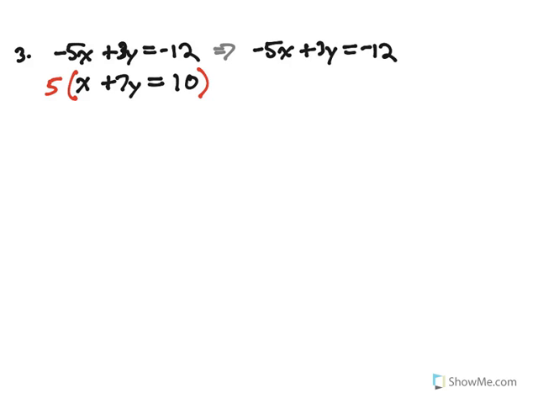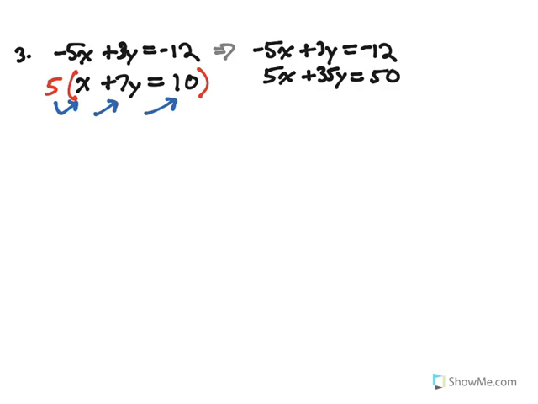And then the next equation, if you distribute the 5 here, here, and here, then 5 times x is 5x, 5 times 7 is 35y, and 5 times 10 is 50.